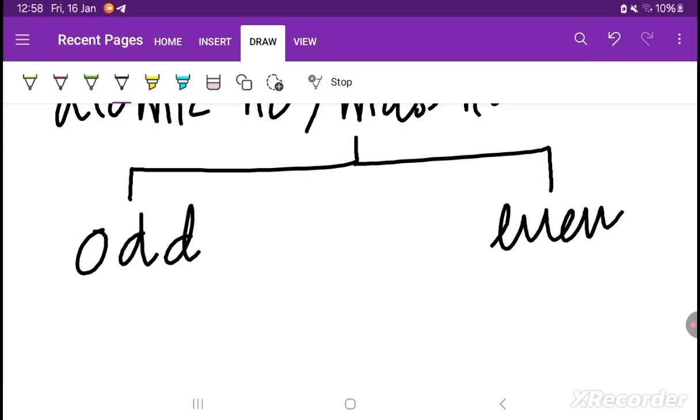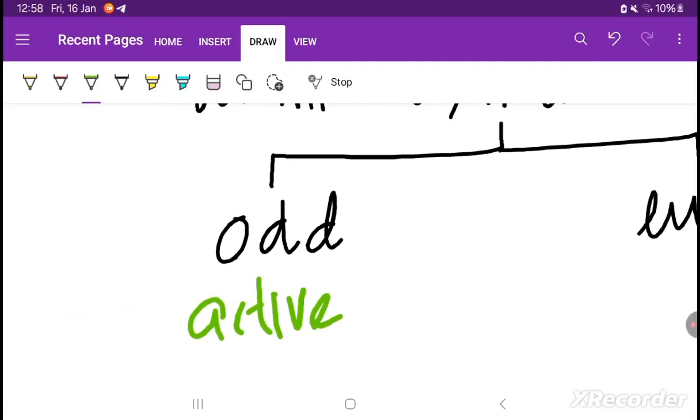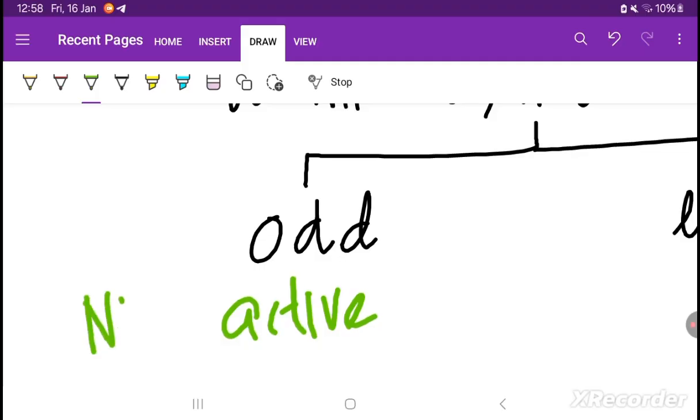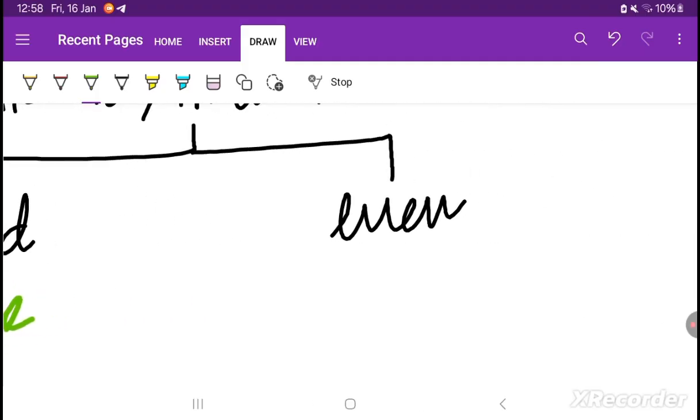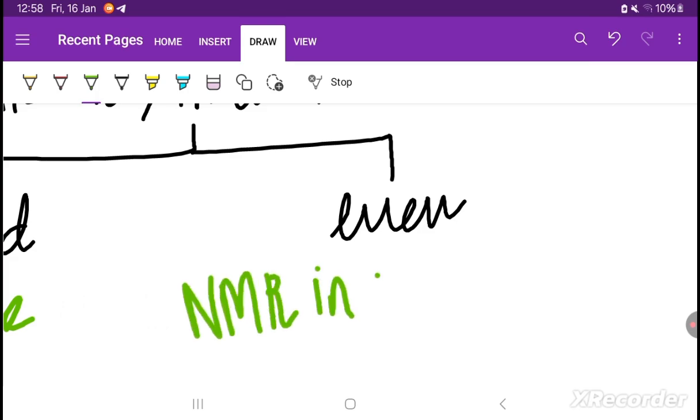If it is odd, it means it is active. What active? NMR active. If it is even, it is NMR inactive.